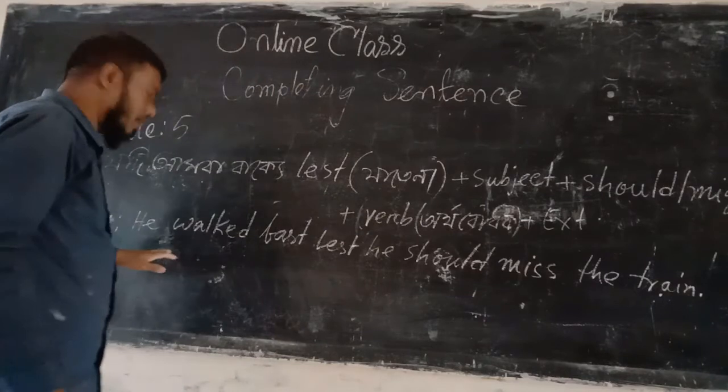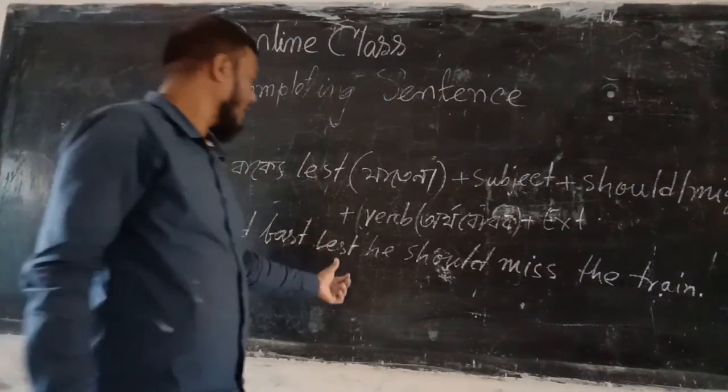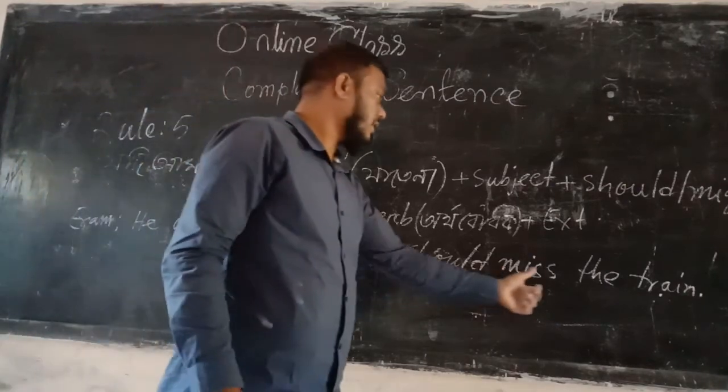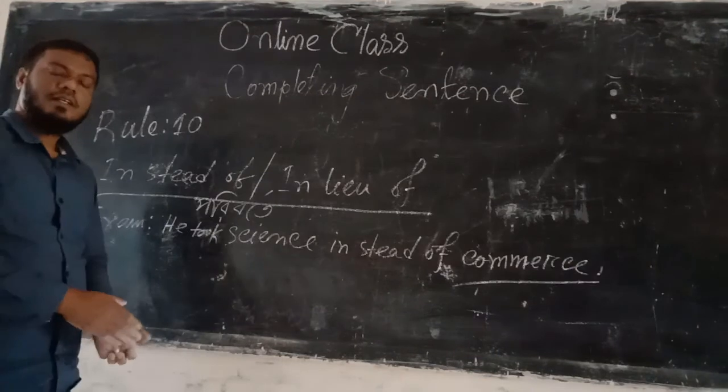So I hope that you have understood. He walked first, that means সে দ্রুত দৌড়েছিল, lest that means যাতে না, he should miss the train, যাতে না সে ট্রেনটা মিস করে. I hope that you have understood.